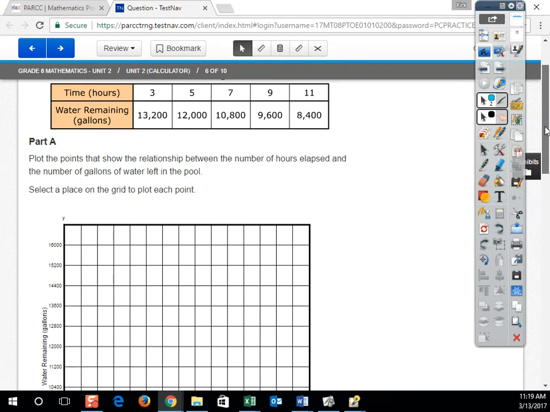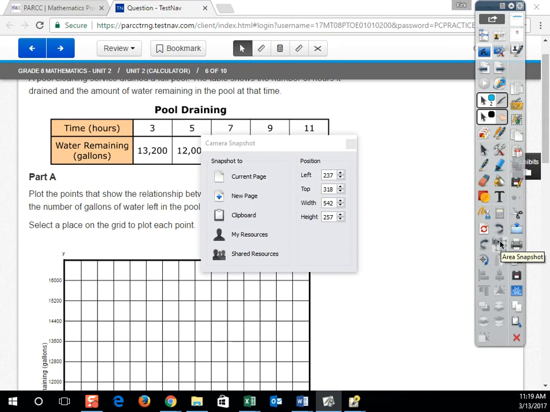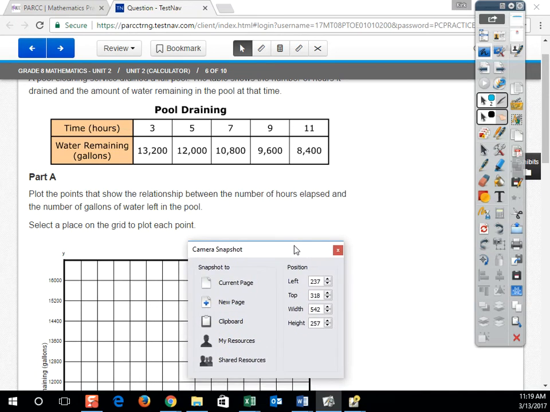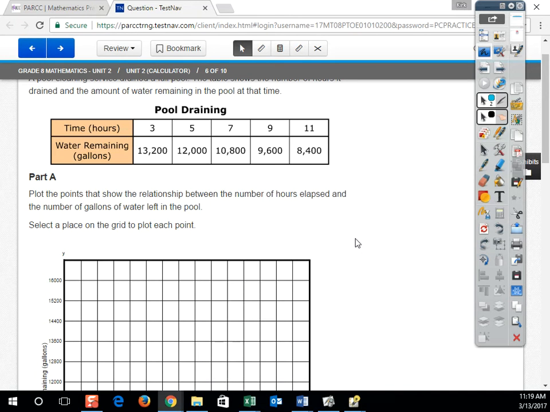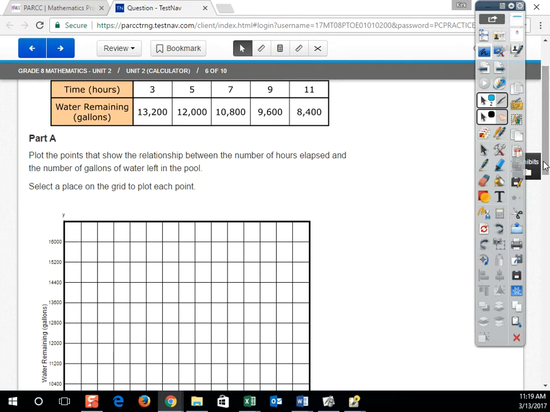So, the first thing I'm going to do, just to make my life a little bit simpler, is I'm going to take a quick little picture of this, but I guess I won't be allowed to. It would be nice, but it won't let me. So I'm going to write down the table closer to the graph so that I don't have to keep scrolling up and down.